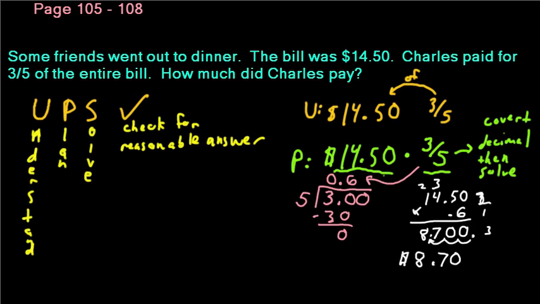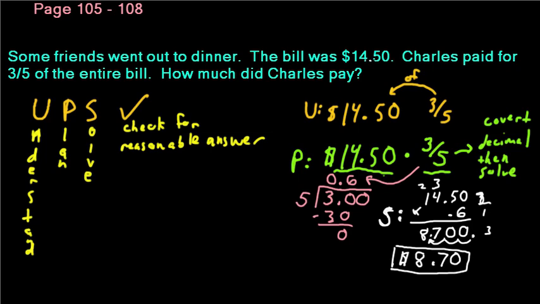Oh, by the way, this was the solve. I'm solving. So UPS, I solved it. Okay, it's $8.70. I'm going to box my answer because that's what I want to be graded. And I'm going to go back and check my answer for reasonableness.